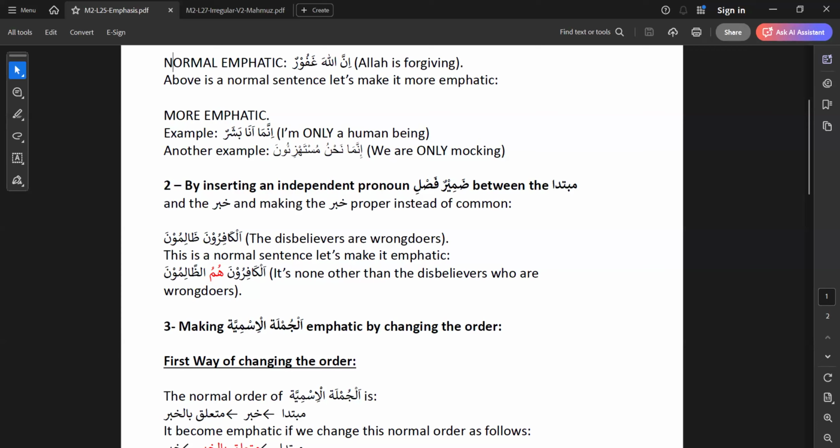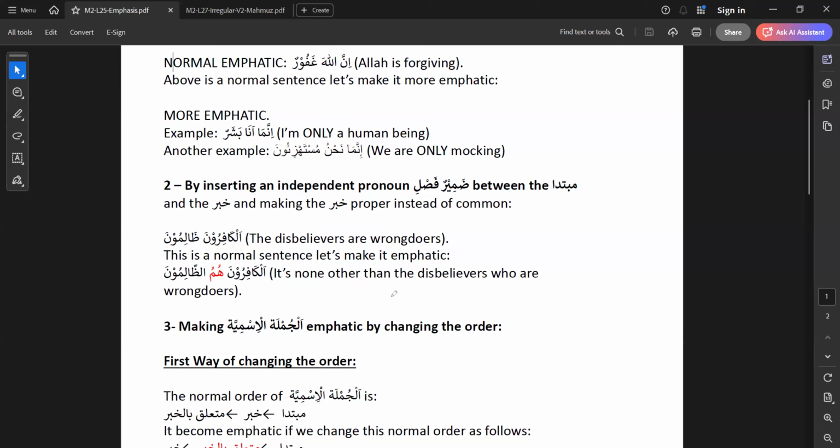Now, who can tell us the two Arabic names of this? It's dhamirul fasli or dhamirul aid, which is the returning pronoun. Very good, mashallah. Why is it called returning?